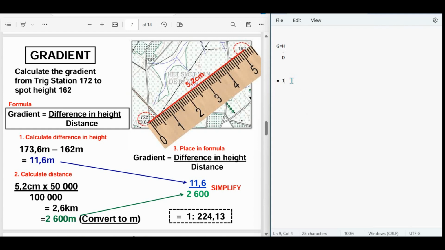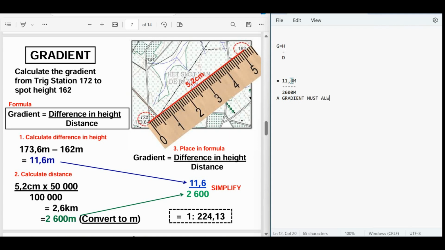Our height is 11.6 meters, right? And the distance that we got after converting centimeters to meters is 2,600 meters.